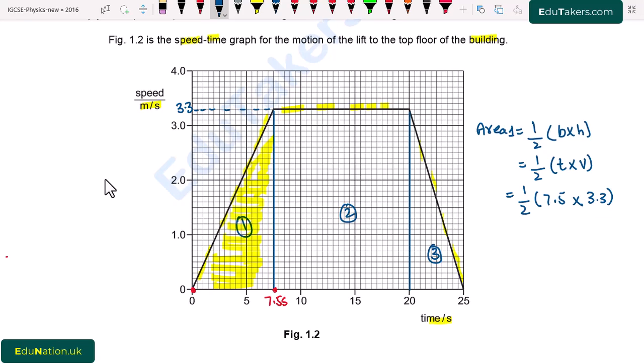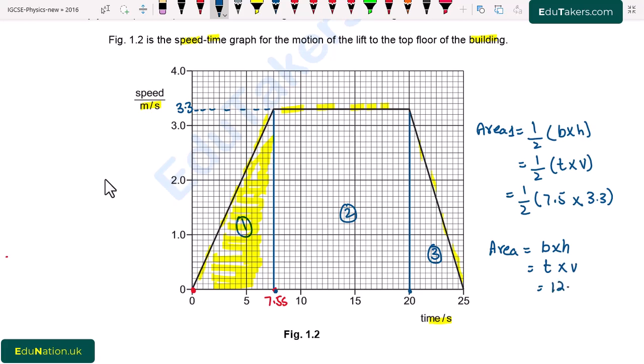Now I find out the value of area 2. Here time is 20 seconds, and at this point time is 7.5. And we can see that area 2 is basically a rectangle, and the area of a rectangle is equal to base multiplied by height. So here base is 20 minus 7.5, which is the time.